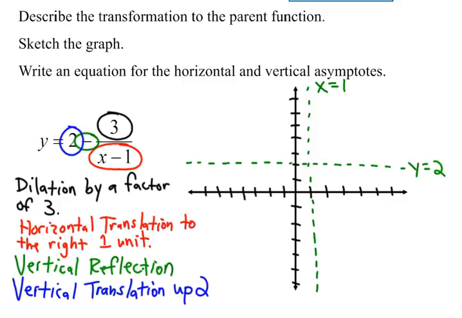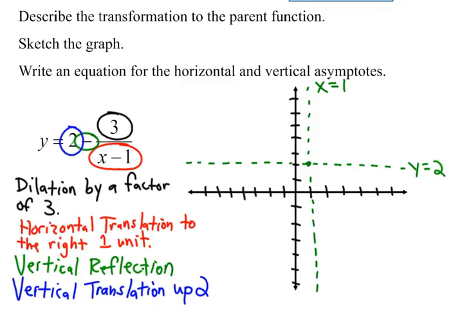We have a horizontal and vertical dilation by a factor of 3. Now remember in the parent function, that point 1, 1 was a key point, right? So now, using the intersection of the asymptotes as our new 0, 0, we're going to start from there. Instead of going over 1 and up 1, we're going to go over 1 and up 3, because there's a vertical dilation of 3.